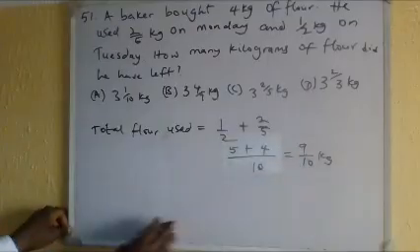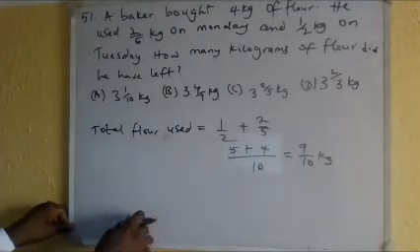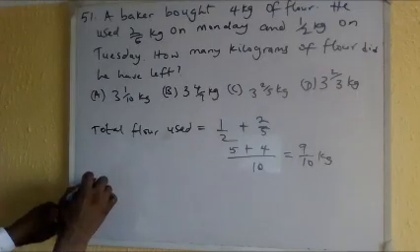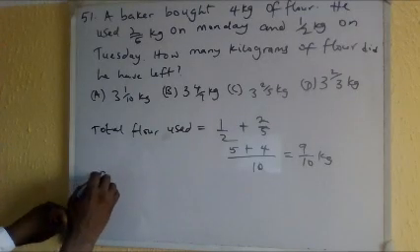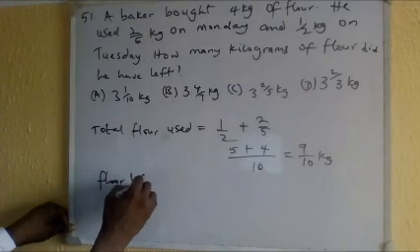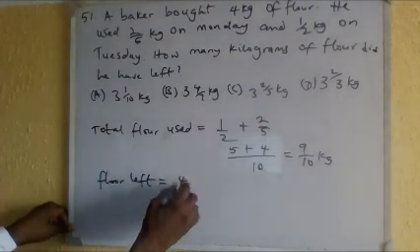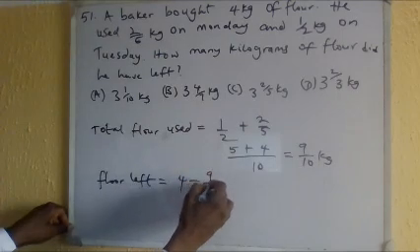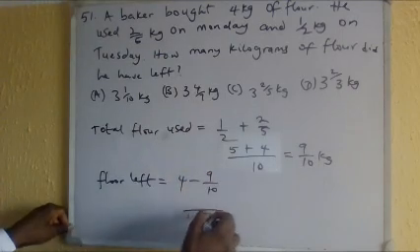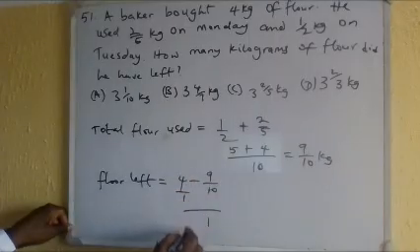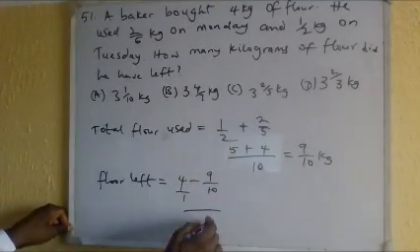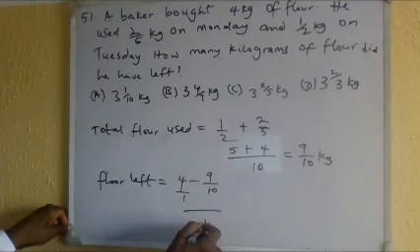That's what he used. So what is now left is flour left is equals to 4 minus 9/10. So this is simplifying the LCM. 4 is same thing as 4/1. 1 and 10, the LCM is 10.